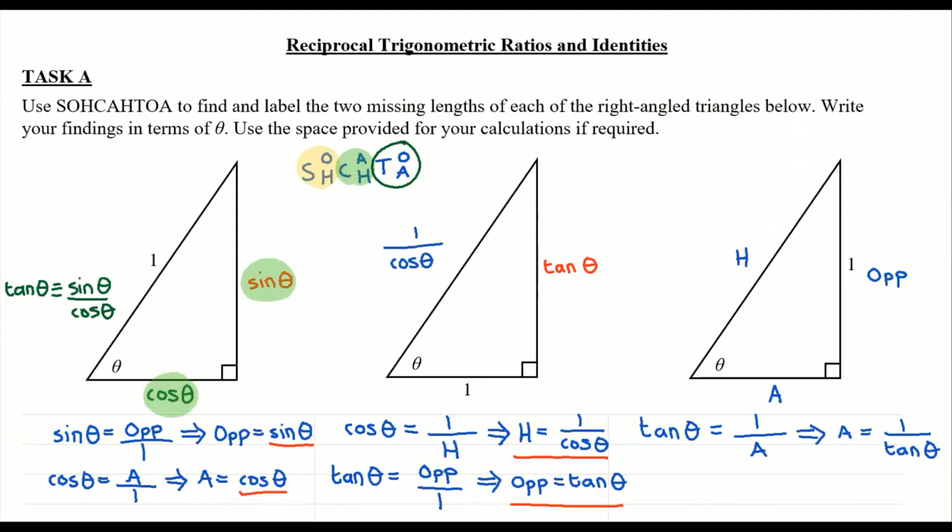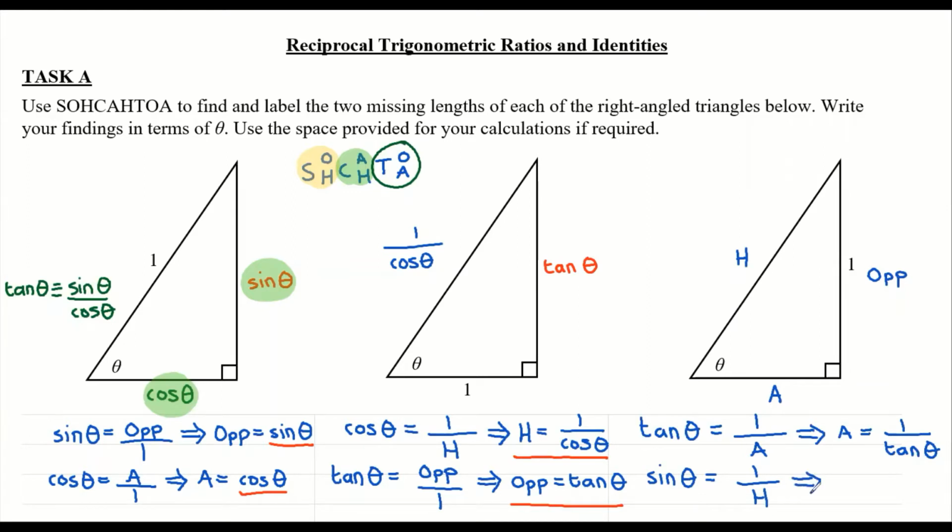And for the hypotenuse, well, I know the opposite. It's the hypotenuse I want, so I'm going to have to use sine. So sine of theta is going to equal the opposite, which is 1, over the hypotenuse, which is h.